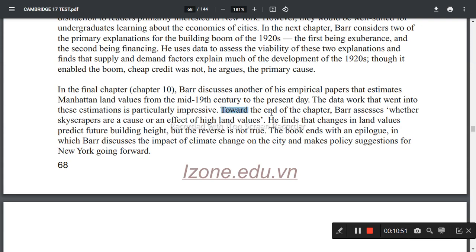Toward the end of the chapter, Barr assesses whether skyscrapers are a cause or an effect of high land values. He finds that changes in land values predict future building height, but the reverse is not true. The book ends with an epilogue in which Barr discusses the impact of climate change on the city and makes policy suggestions for New York going forward.